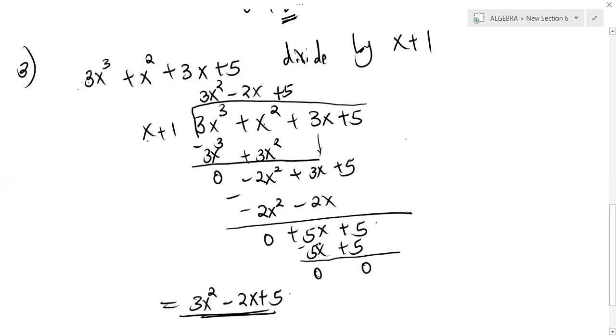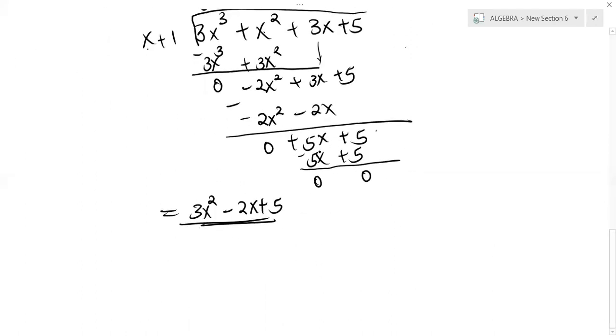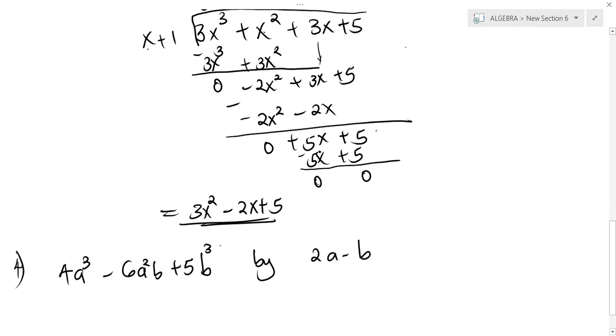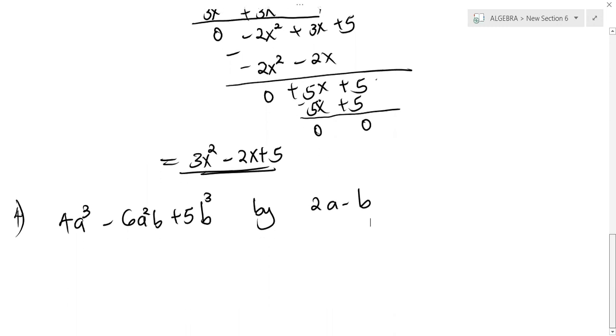So basically, that's how we go about polynomial division. Let's take up a final example. Let's say we have 4a cubed minus 6a squared b plus 5b cubed, divided by 2a minus b. Using long division, this is how we go about it.